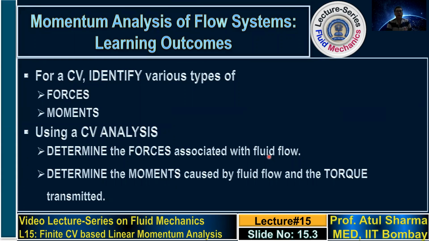Furthermore, you should be able to do a finite control volume based analysis to determine the forces associated with the fluid flow system, as well as, if the problem involves angular momentum, determine the moment caused by the fluid flow and the torque transmitted.